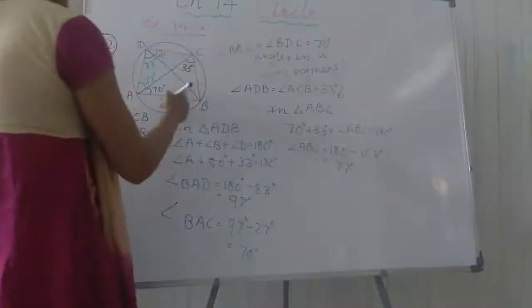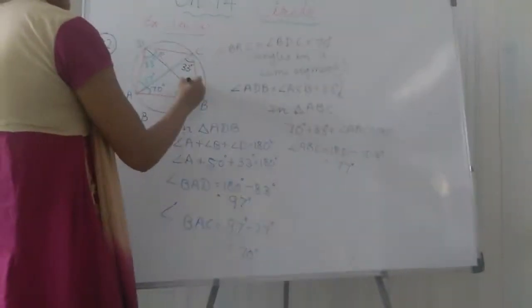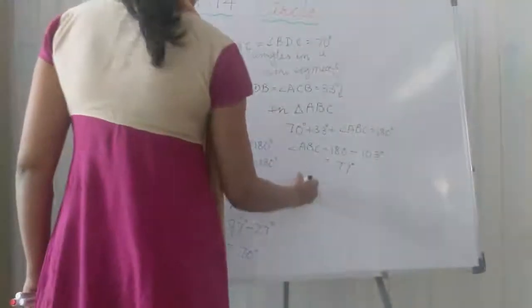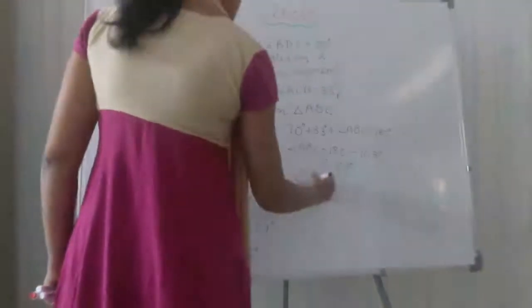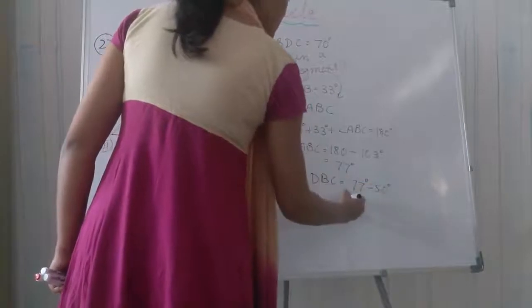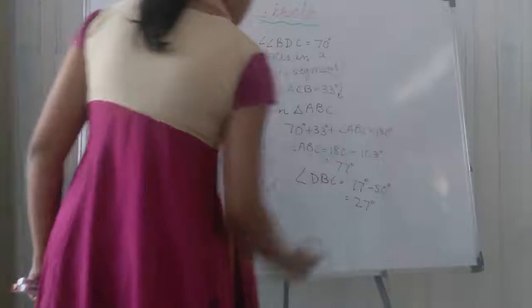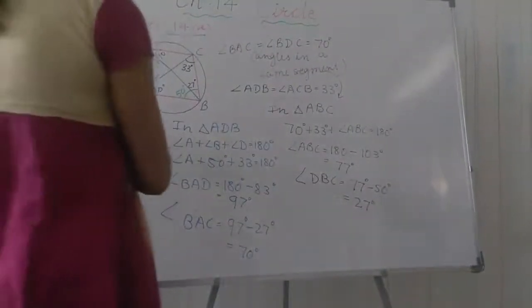This ABC is 77, but here already 50 degree is there. So let me write here 27 degree, so angle DBC is equal to 77 minus 50 degree is equal to 27 degree. Okay, so we get here first answer DBC.